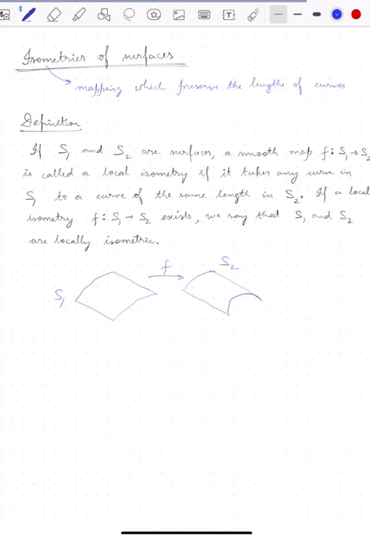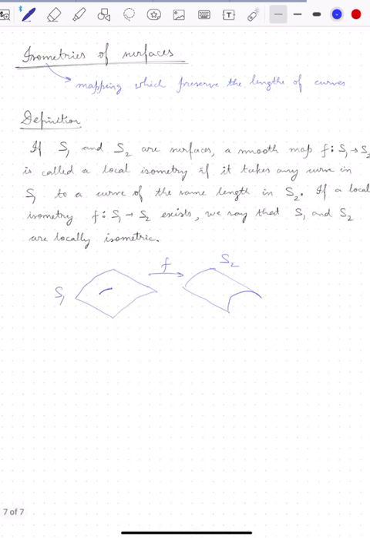So the mapping, this F smooth map, which takes this from here to here, if it preserves the length, which means that any curve from here to here, say this curve, and even after applying the map F, if the length of both the curves remains the same, then it implies that F is a local isometry.